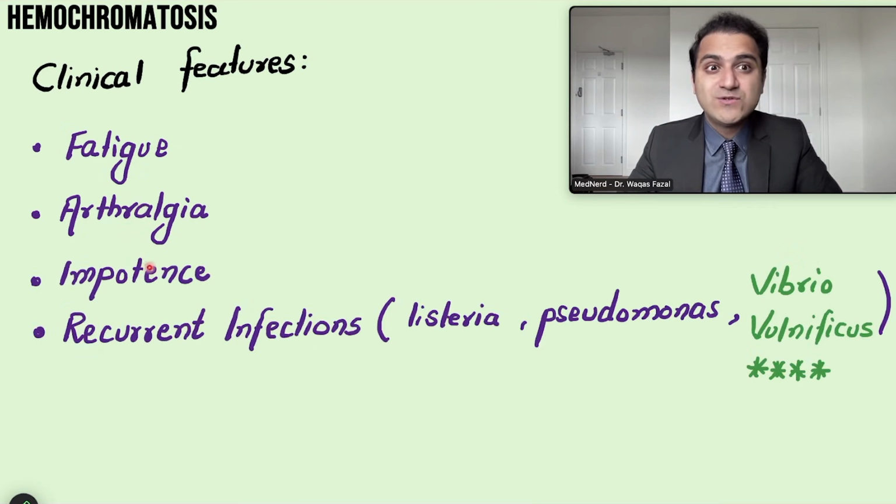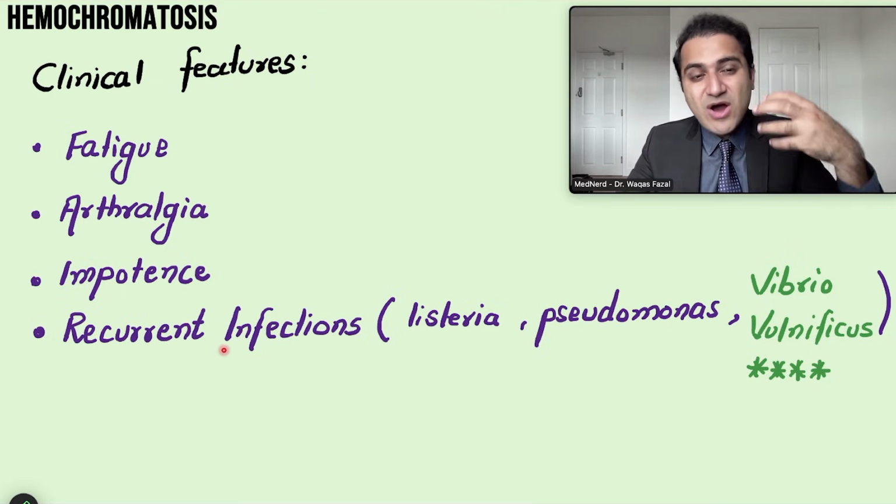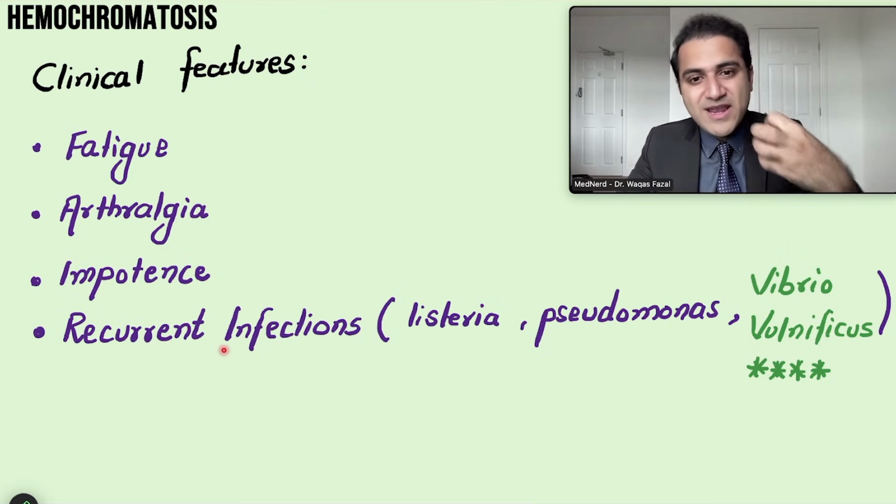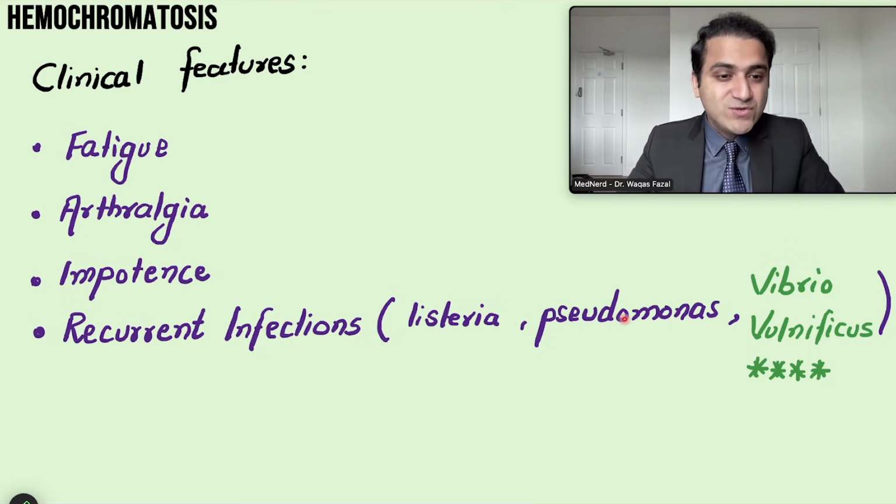It's very difficult to diagnose a patient with hemochromatosis with these non-specific complaints. These patients might also come to you with impotence because iron accumulates in the gonads and affects them. These patients will have recurrent infections with organisms that love iron, like Listeria, Pseudomonas, and a very important high yield organism, especially for the STEPS exam, Vibrio vulnificus.